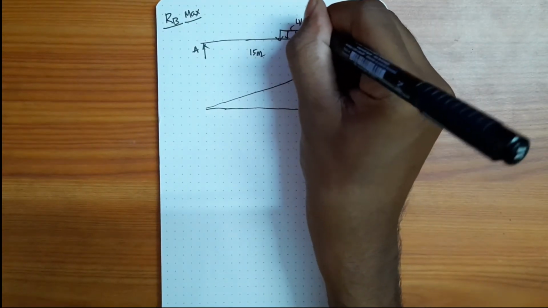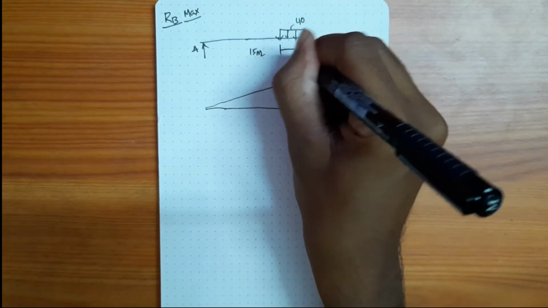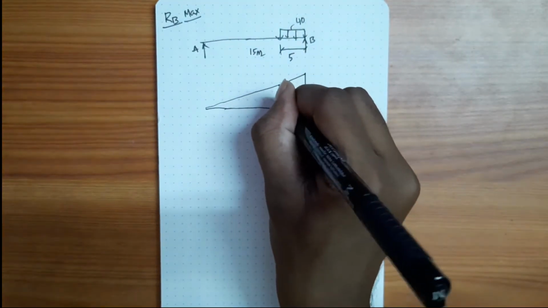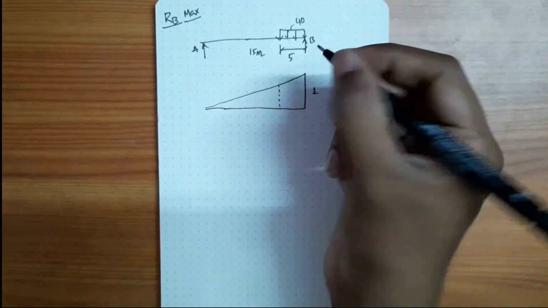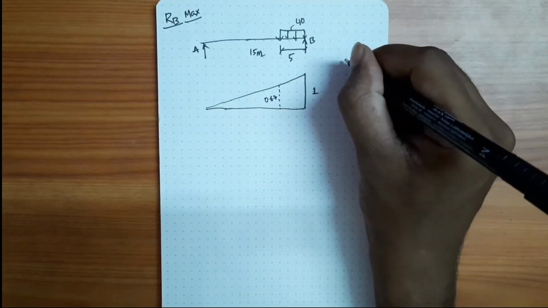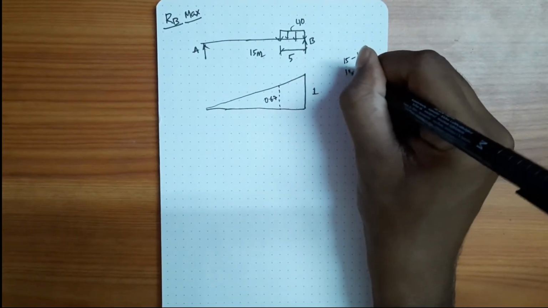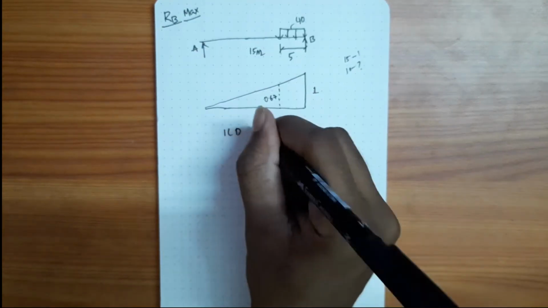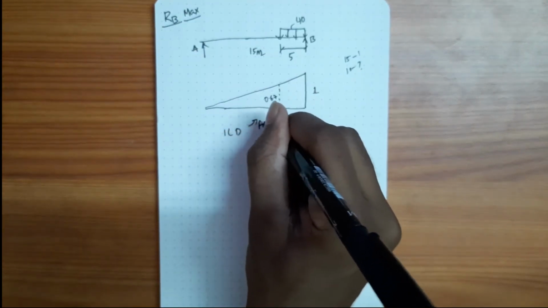Okay, so this is 40 and this is 5. Okay, so this ordinate again will be 0.67 because it is same. Okay, because for 15 it is 1, for 10 how much? So this is ILD for RB.